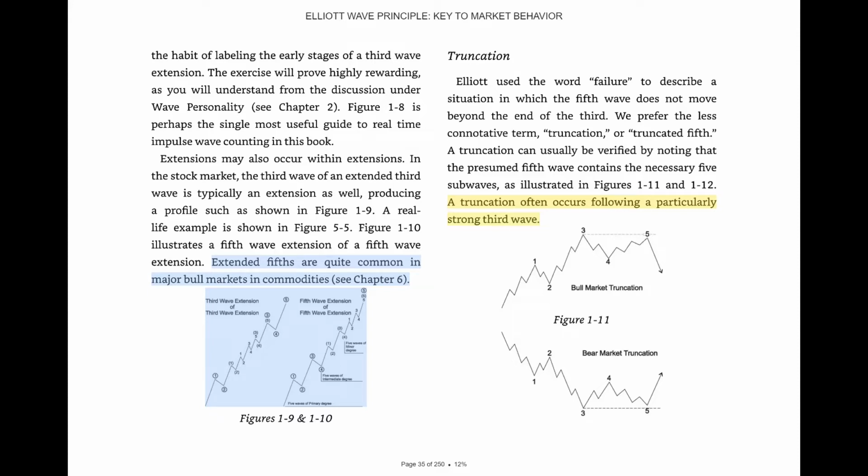And once again, I'm going to use Elliott Wave Principle, Key to Market Behavior, the seminal work on Elliott wave trading. And if you go into the Kindle version, page 35, you'll see that Prechter and Frost are talking about extended fifths. Okay. So extended fifths, basically extended wave 5s.